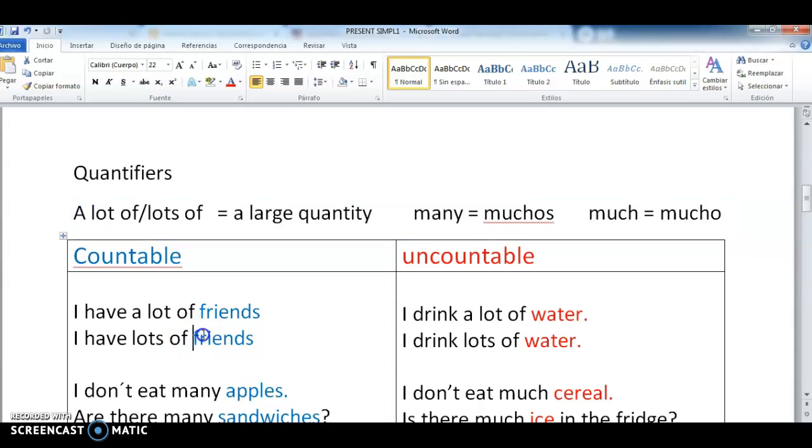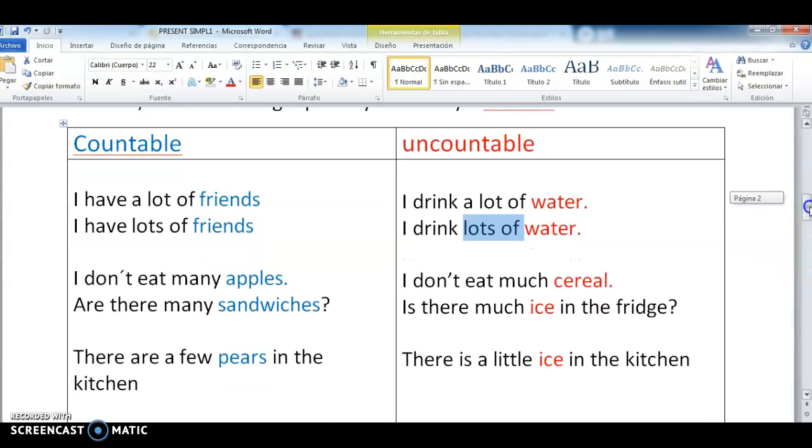If my noun is countable, then I have to look for a word that works with countable nouns. With a lot of, no problem, because this word works with both of them. Works always, all the time.